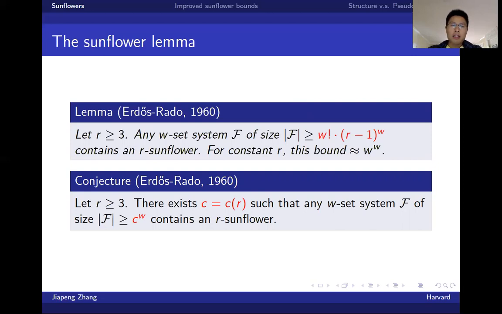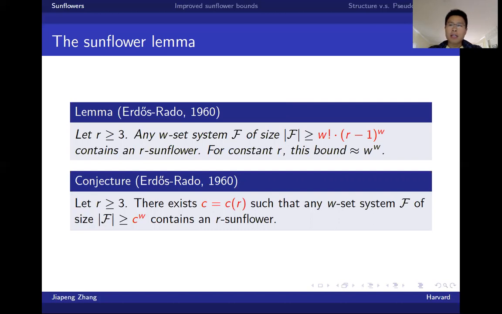Erdős and Rado made this conjecture: for any R, there exists a constant C that depends only on R, such that any W set system of size C to the W contains an R sunflower.